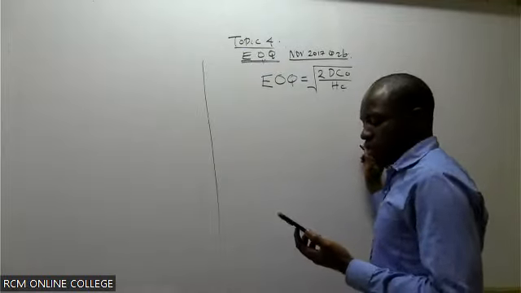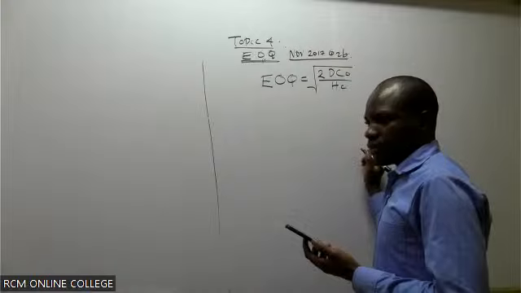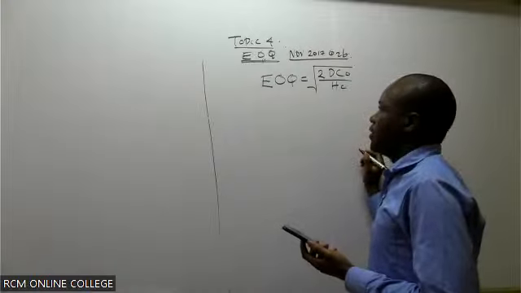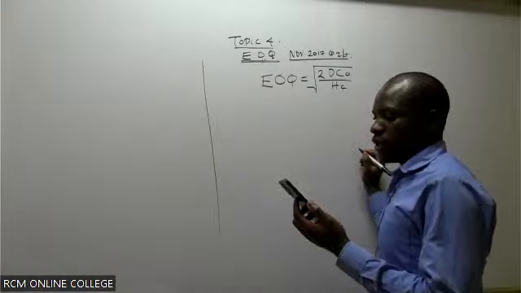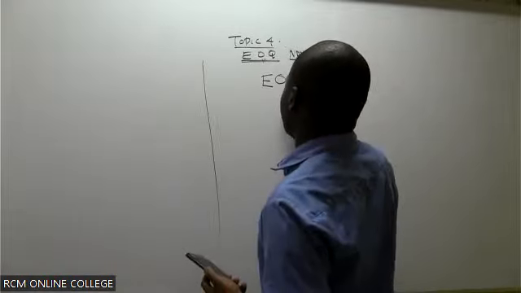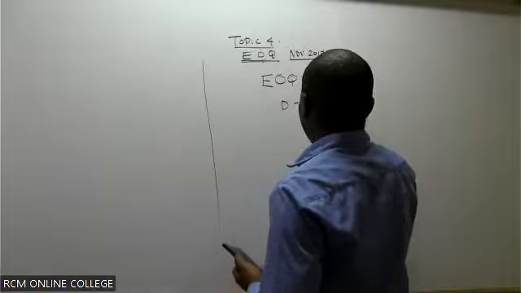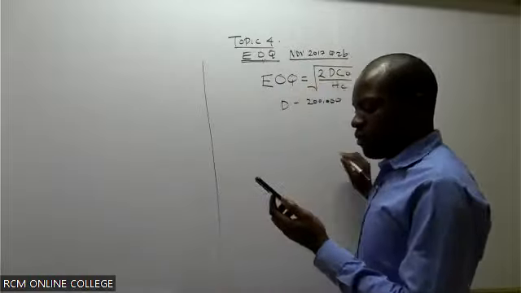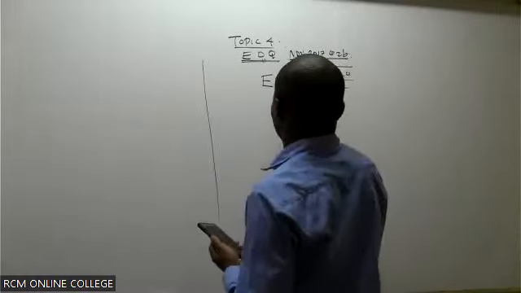Annual consumption of this particular product is equivalent to 200,000 units. So basically that is demand. So demand is 200,000. Then ordering cost per order is equivalent to 18,750.